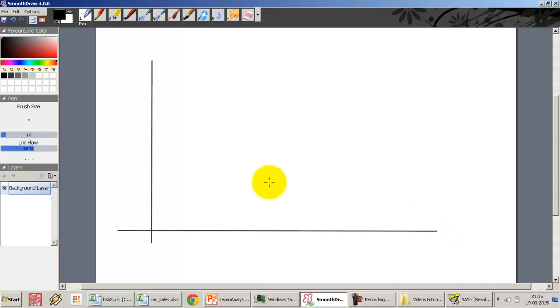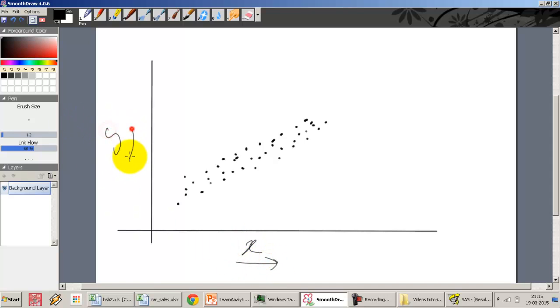So assuming that I have my data set, let's assume this is the scatter diagram. I've got the X variable on the X axis, and the Y variable plotted on the Y axis, and every observation in my data set is plotted onto this two-dimensional graph.